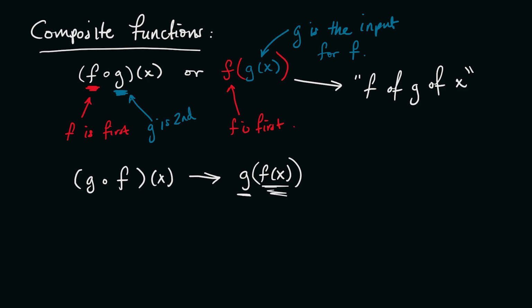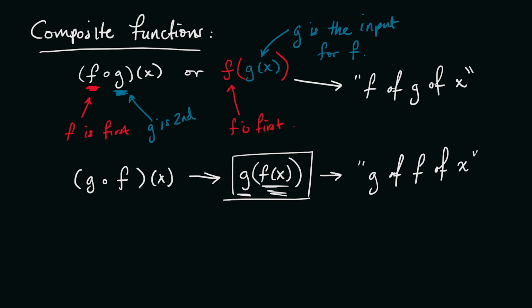But in this case, since we have two inputs, where f also has an input, but then g also has an input, we have to say f of g of x. So think about how you would say this second one here. It's gonna work the same way. So you might have guessed already, but it's going to be g of f of x, right? So that's how simple it is.